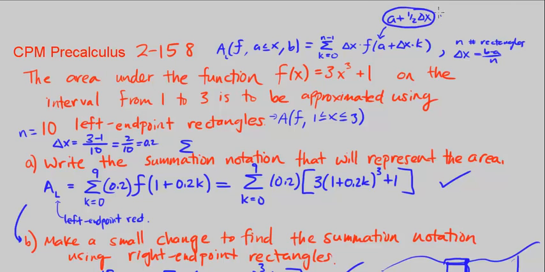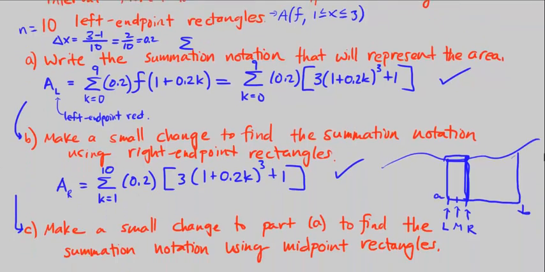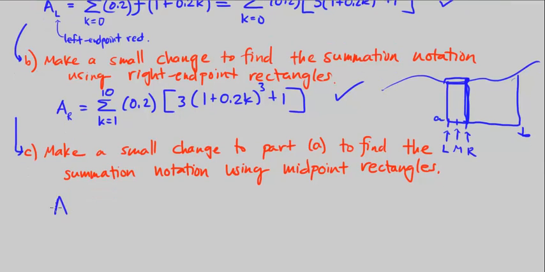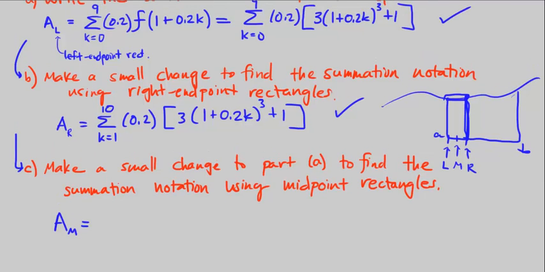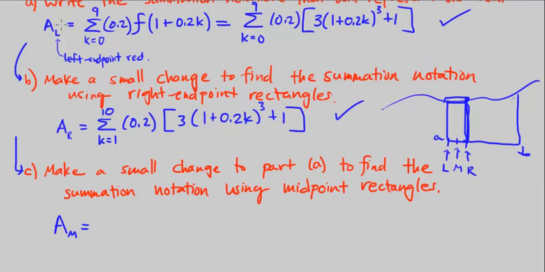We're going to add half of delta x to our a, and then it's going to be exactly the same otherwise as the area using left endpoint. So the area using midpoints is going to be the summation, sigma, starting at 0 still, ending at 9, same thing.